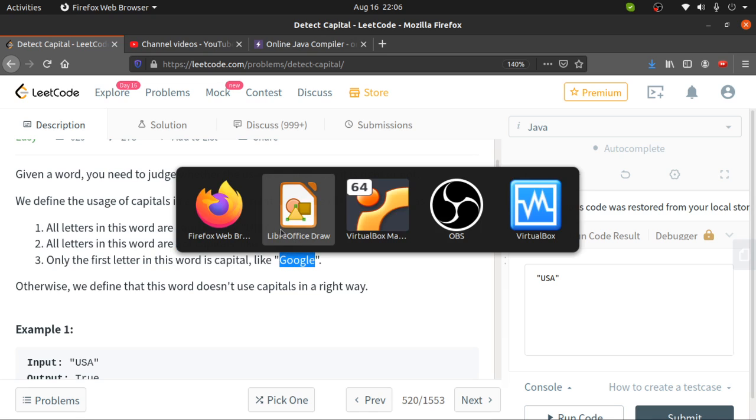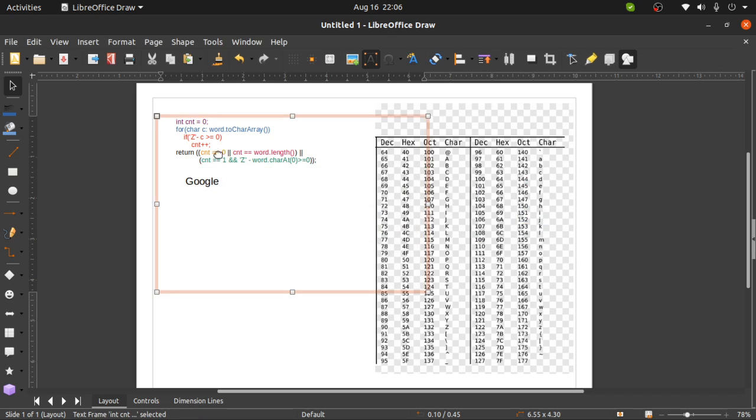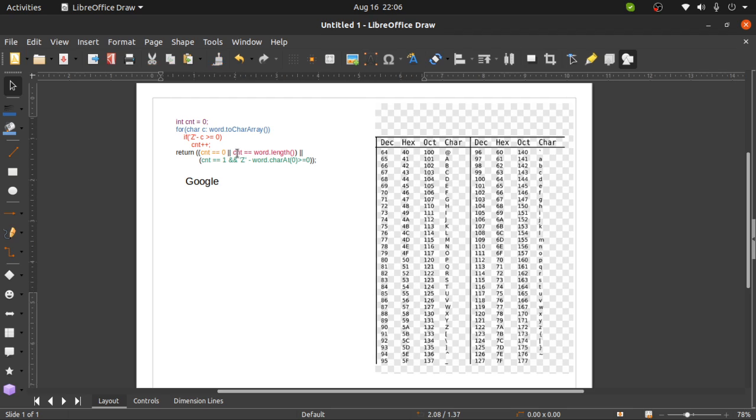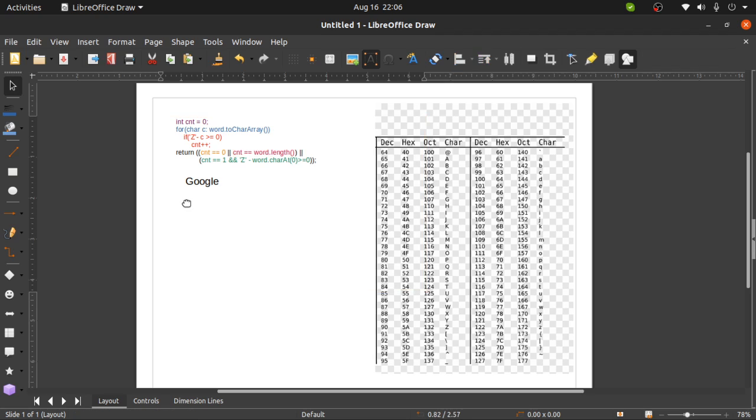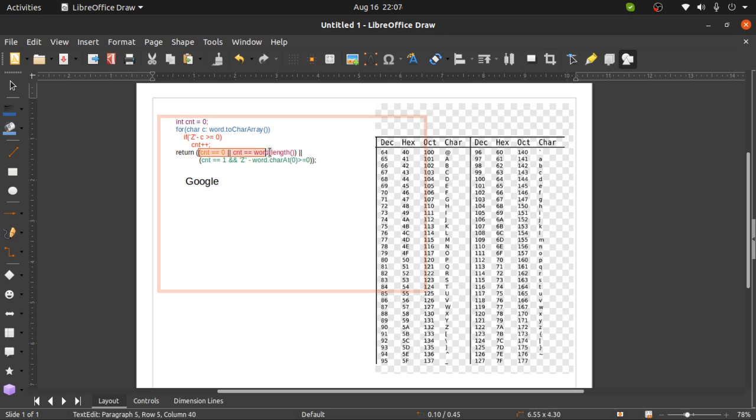So if counter is 0, that means I have no uppercase at all, so all lowercase. If counter is word.length, if it's the same as word.length, that means all the characters are uppercase. So they both work for me. So it's either this or this.